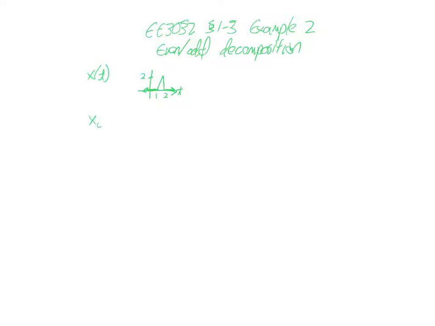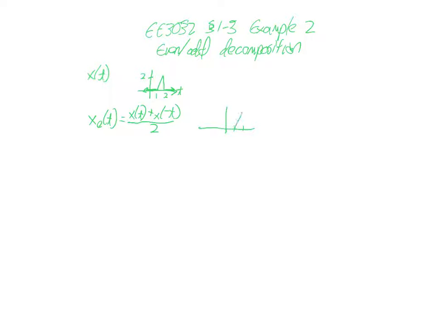So we know from the lecture and from the textbook that to get the even portion, to force the signal to be even, you take the signal and add it to the time reversed version of the signal, and then you divide by 2 to get an average. So graphically, I have 1, 2 seconds.